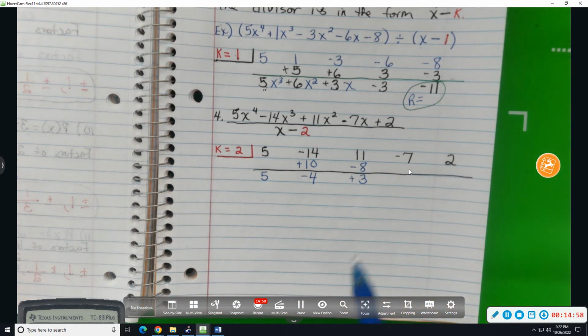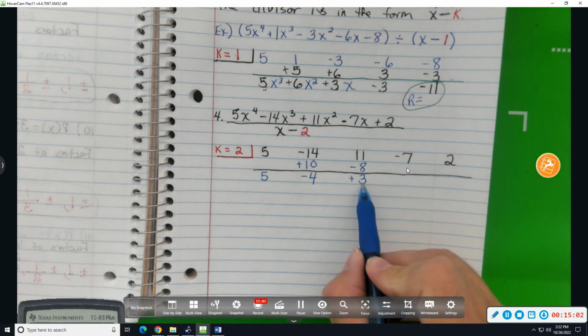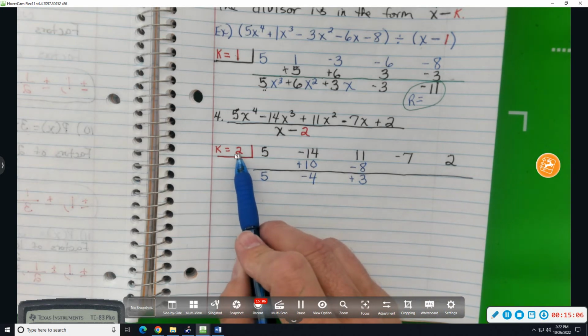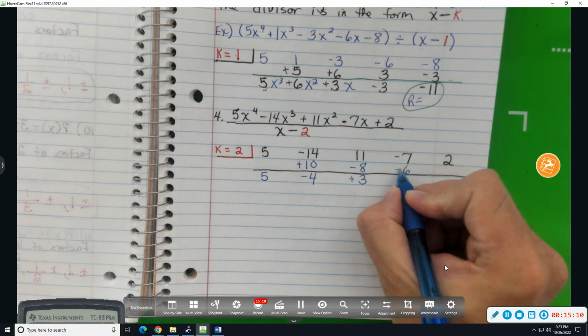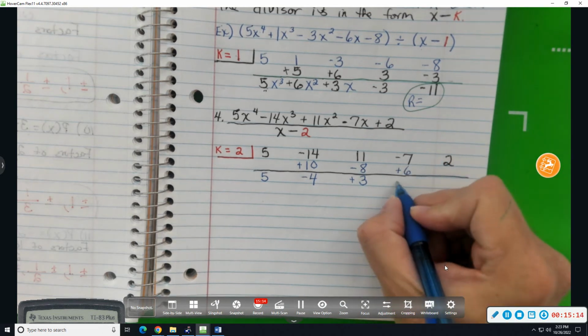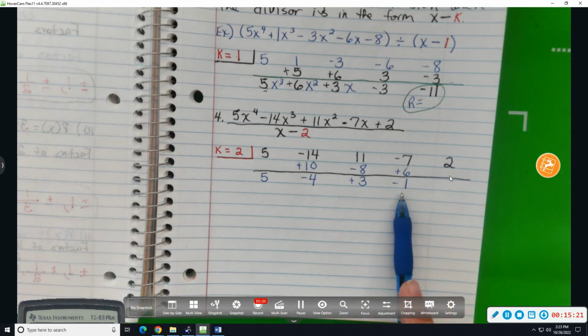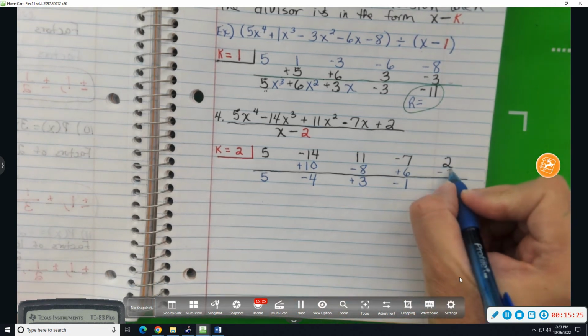What's going to go here underneath this negative 7? You take the positive 3 and multiply by 2 to give you positive 6. So negative 7 plus 6 is negative 1. So negative 1 will go here. Negative 1 times 2 gives us a negative 2.